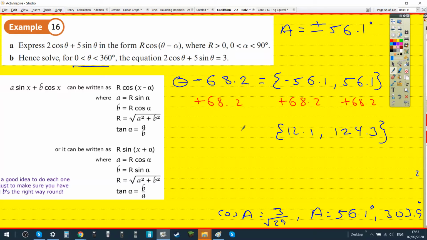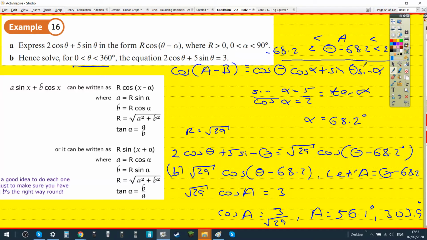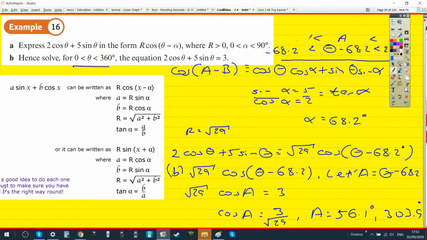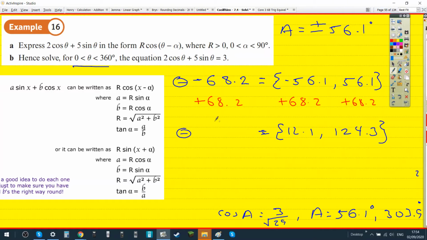And when you were racing off with your 303, if you were to add 68 to 303, it'd be more than 360. And so that's why I had to stop you there. If you change the range for A, then stick to that range. The answers will be valid, they'll just be outside the range we want.